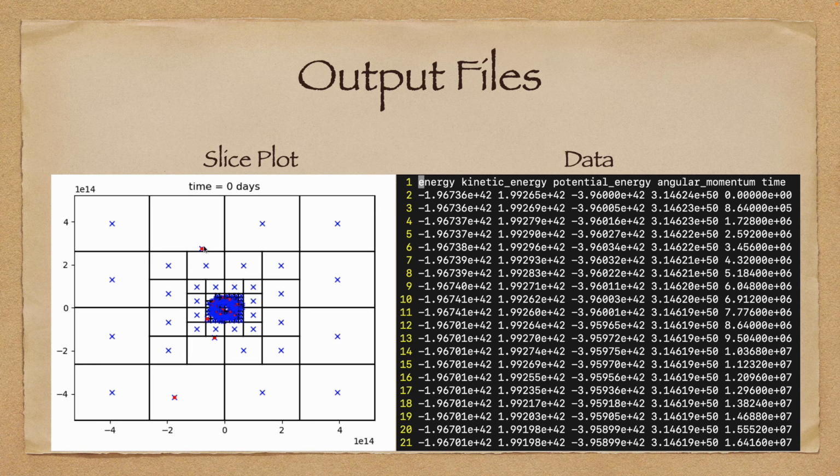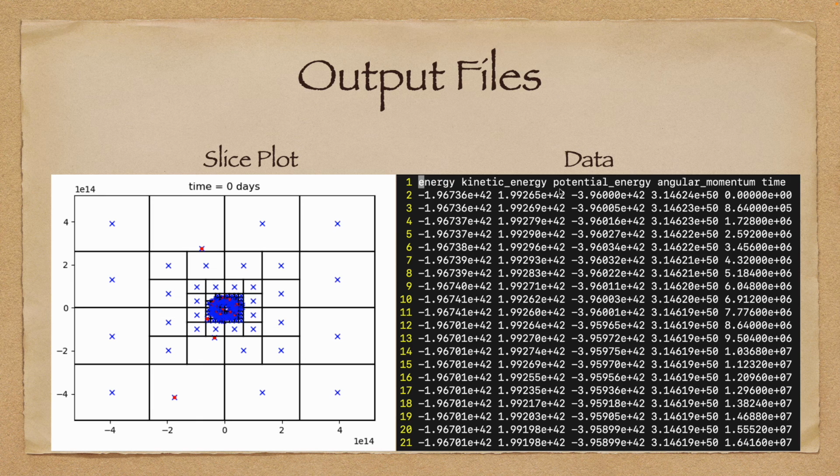And the right-hand side is the data, which is in the text file. I call it data.txt. The first line is the type of each value, and it contains the energy, including kinetic and potential energy.